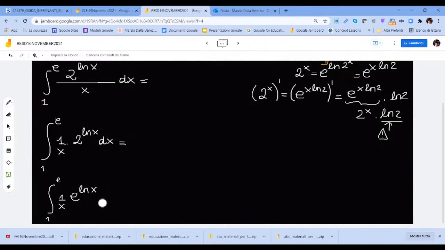Let's say that you have before this kind of integral. What is this one?